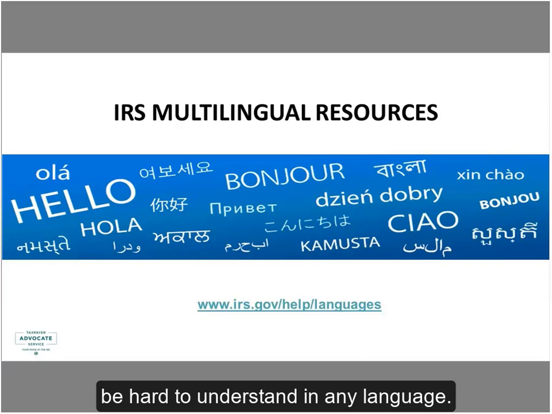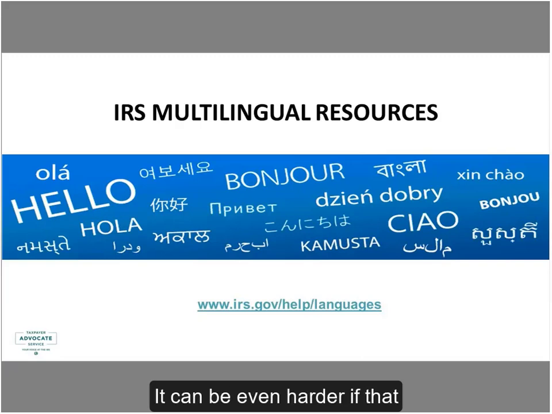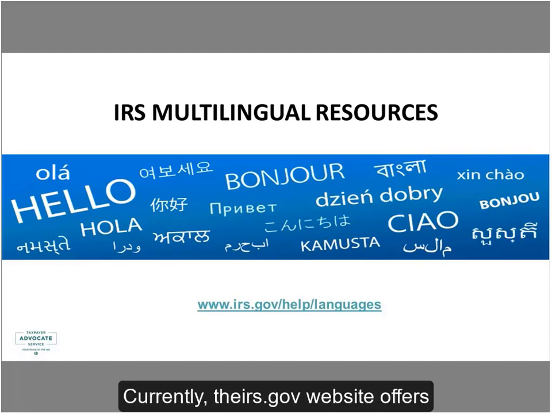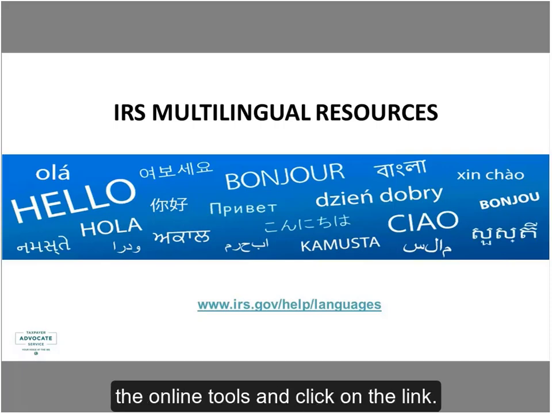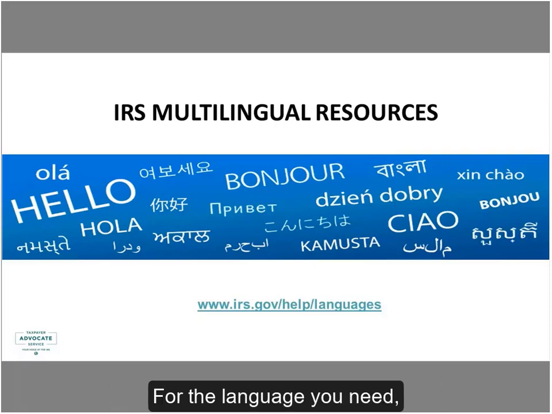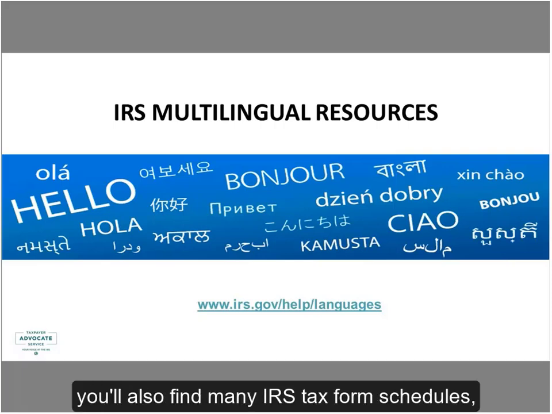We do know that tax information can be hard to understand in any language. It can be even harder if that information isn't offered in the language that someone knows best. IRS is now translating tax resources into more languages. Currently, the IRS.gov website offers basic tax information in English plus 20 other languages. You can look for a listing near the top of each IRS.gov webpage and the online tools, and click on the link for the language you need.